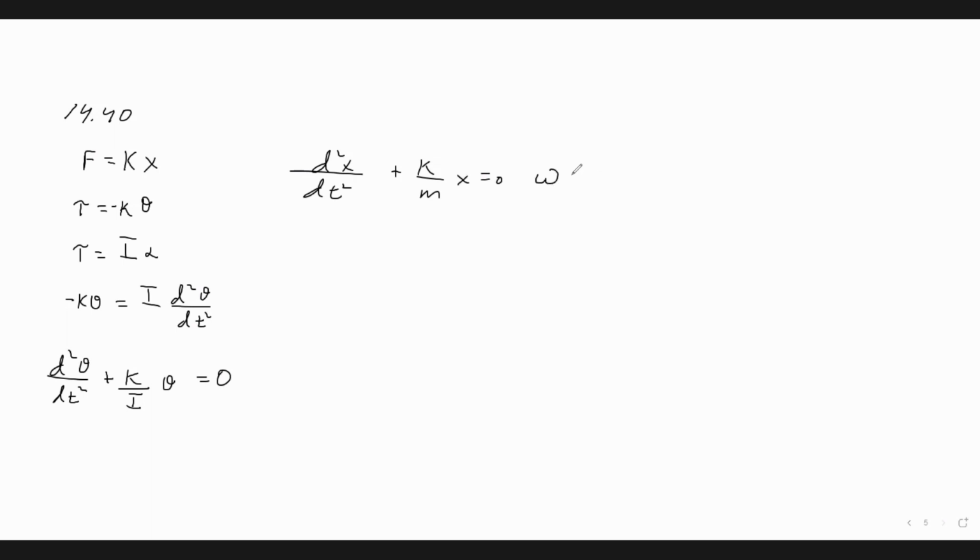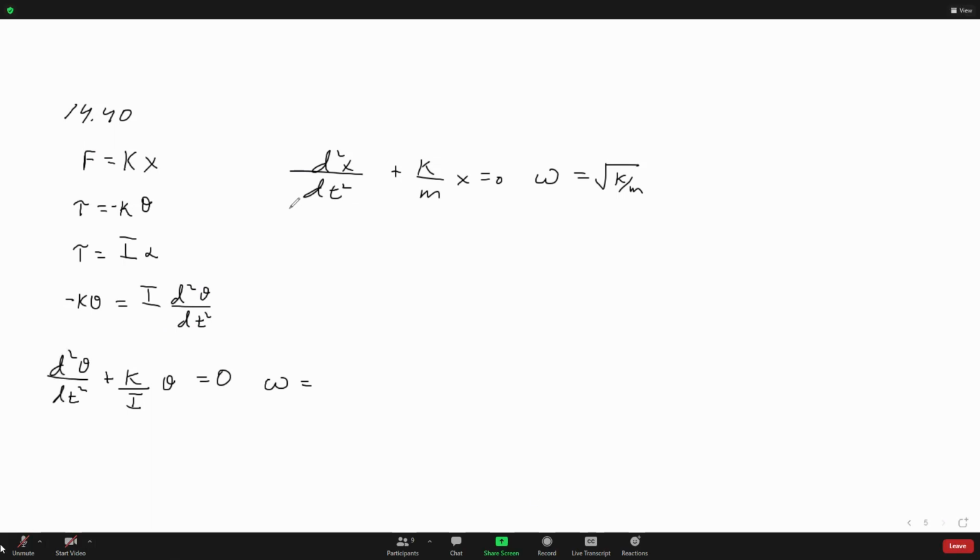And the angular frequency is the square root of k over m. What is the angular frequency here? Aman, what's the angular frequency for this equation right here? What is the angular frequency for this motion right here? And I gave you a clue by writing this down.